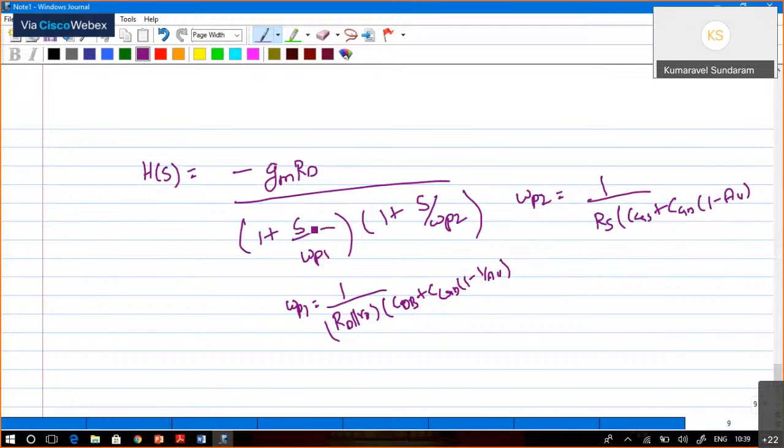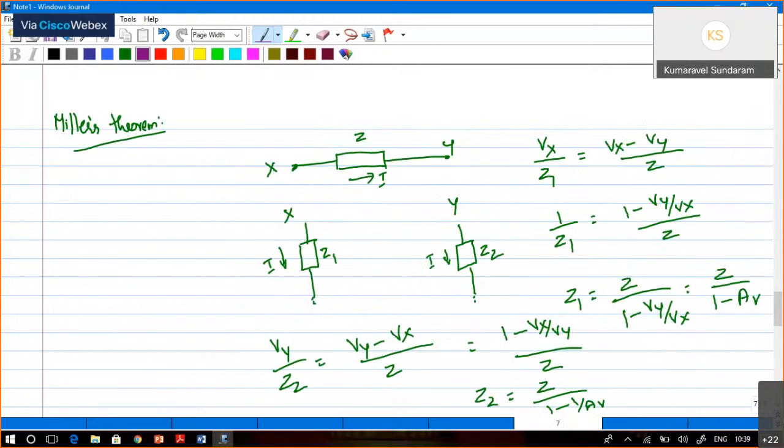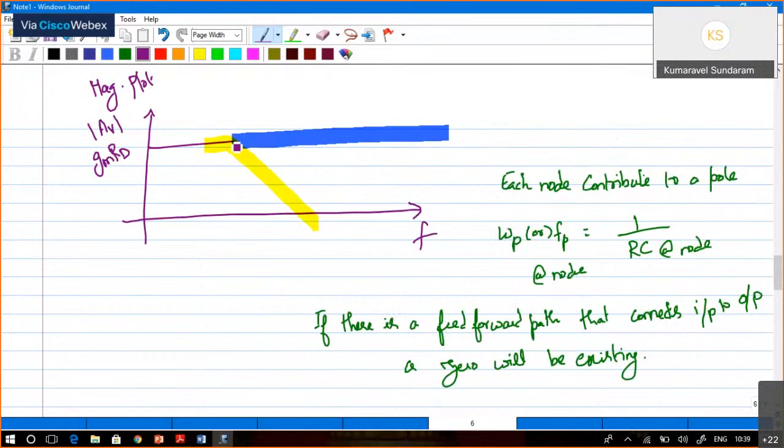So in our transfer function, if a pole is going to exist, what will happen? There will be a decay of minus 20 dB per decade. So this pole, omega P1 or omega P2, based on the values of capacitor, resistance and capacitance seen at the node, is going to be the dominant pole.